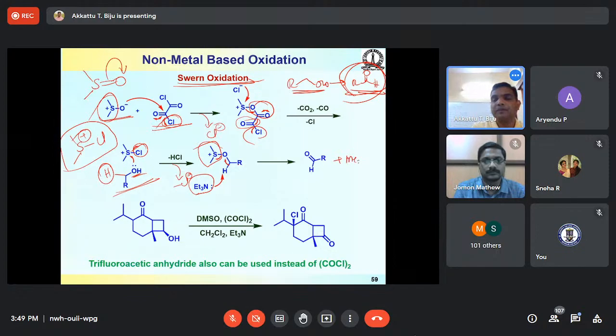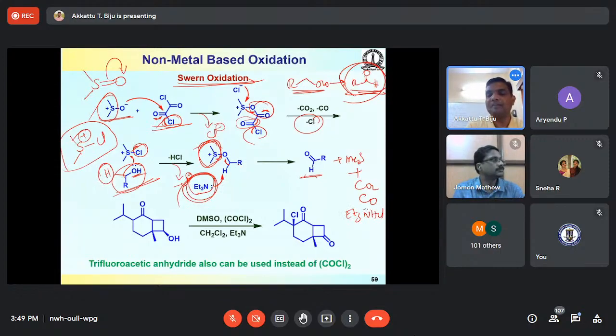So in the end, in a Swern oxidation reaction, if you convert a secondary alcohol to a ketone, dimethyl sulfide, carbon dioxide, carbon monoxide, and the chloride eliminated will add to the triethylamine base to form triethylamine hydrochloride.